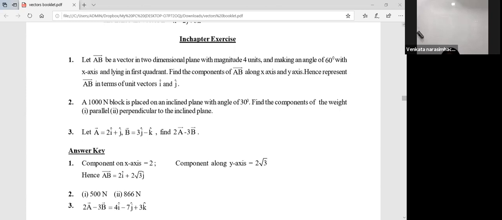Sir, which question do we have to do? I lost my connection. 1, 2, and 3, all three on the screen.